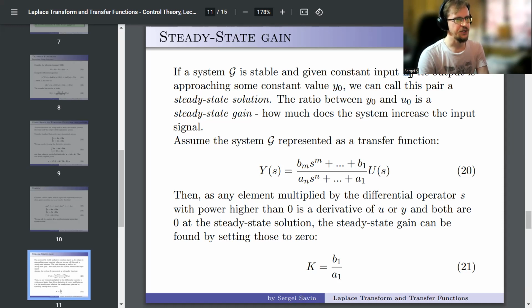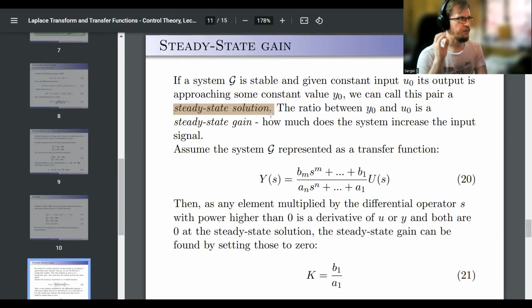But let's say that our system, given the constant input signal u0, gives us constant output signal y0. We can call this pair of signals a steady state solution. What do you mean steady state?